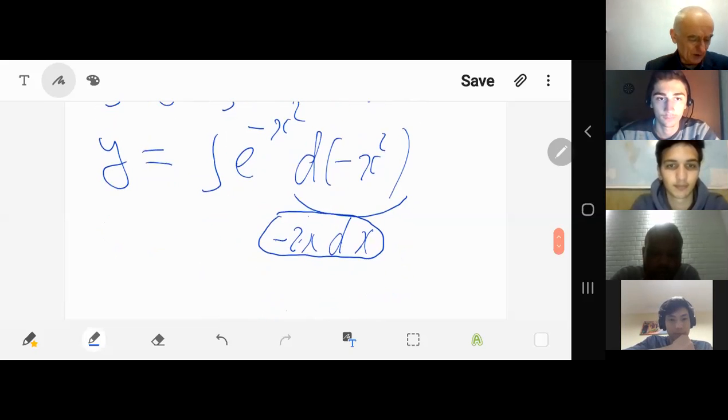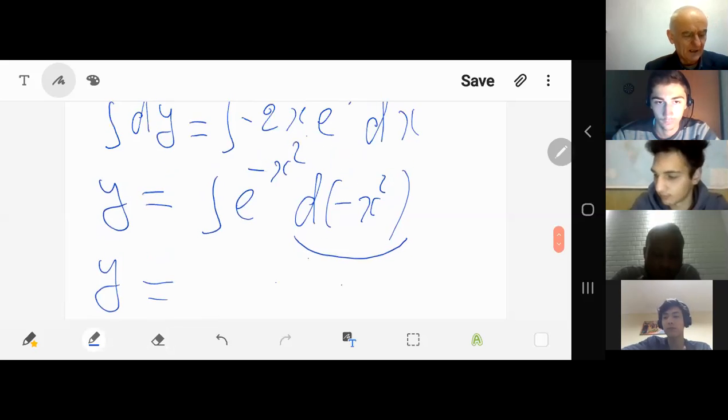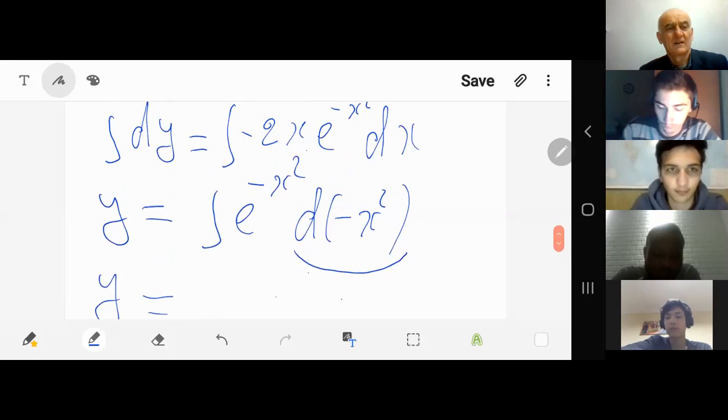Okay, so now let's continue and write down that y equals... Now I can write down what this integral is because it's a basic integral.